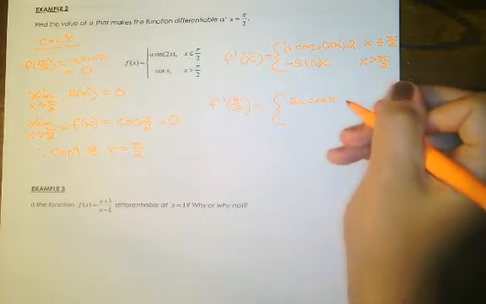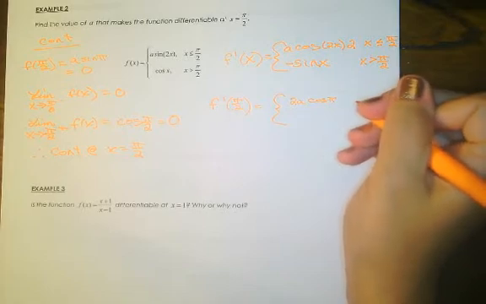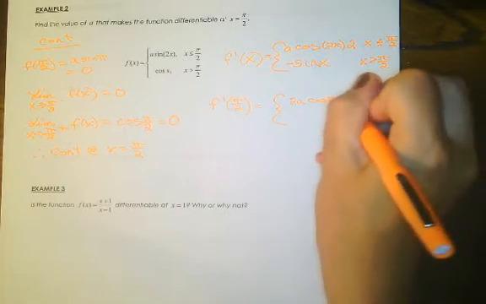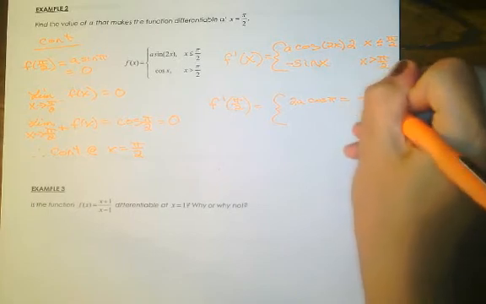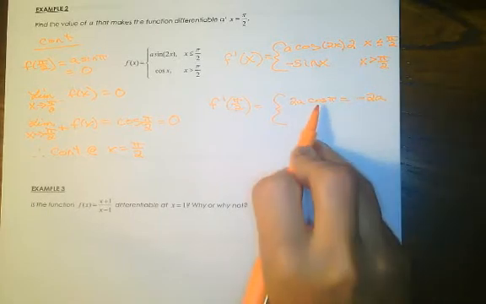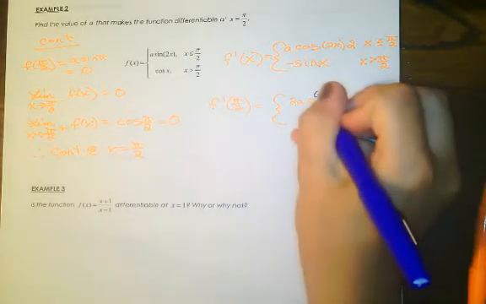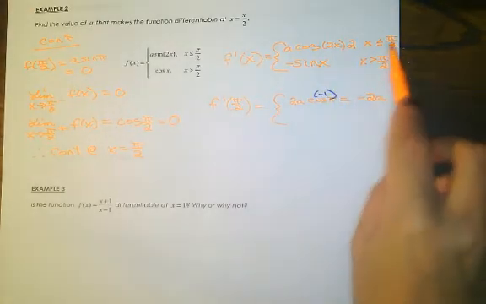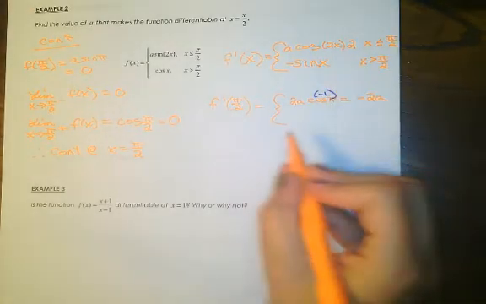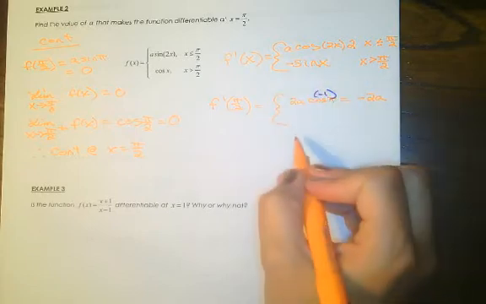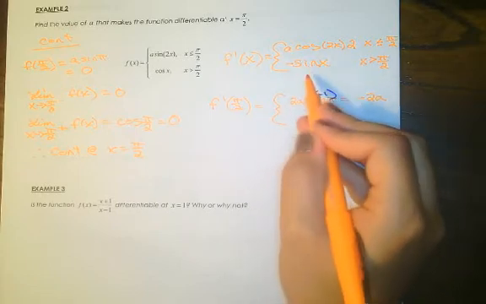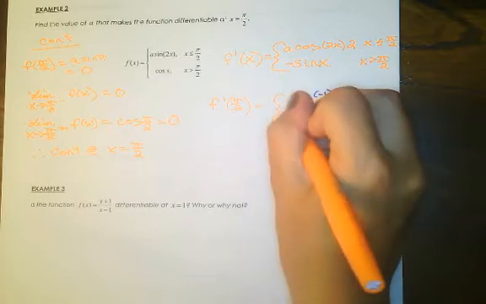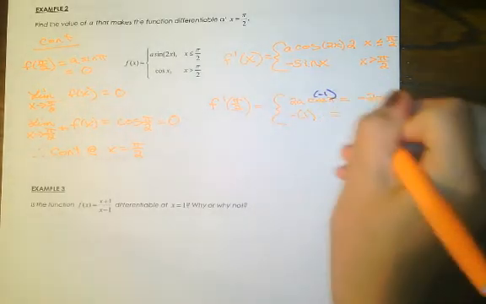Well, cosine of pi is negative 1. So this just gives you negative 2a. That's coming from the left. And now if I'm evaluating this bottom one, if I plug in pi over 2 there, sine of pi over 2 is 1, but don't forget it's negative. So it's negative times 1, so that just gives me negative 1.